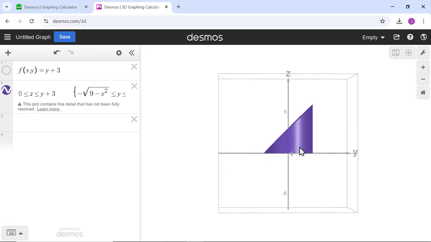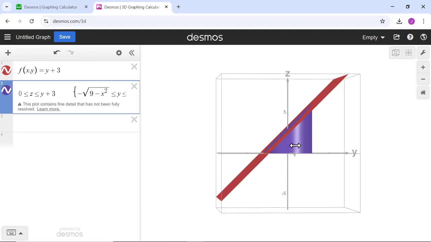Now, we were fortunate that there was never a point over the region that my plane went under the XY plane. So my surface didn't go under the XY plane in this region. If it did, that part would have been counted as a negative.